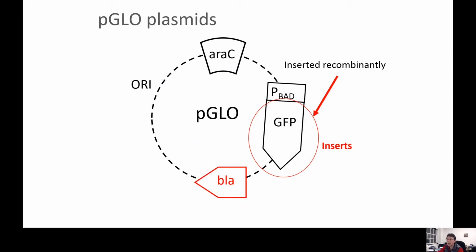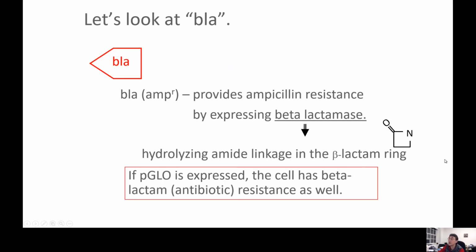Also, the BLA gene is the region that provides the antibiotic resistance, because it encodes a protein, an enzyme, that hydrolyzes beta-lactam.